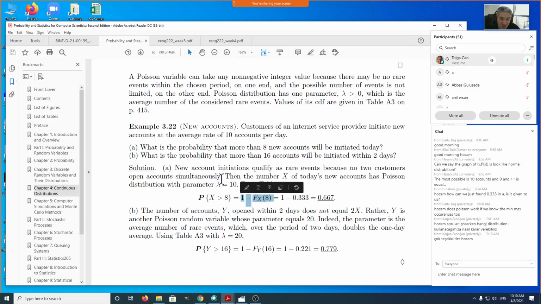If you ask a question like this in the exam, we're not going to give you the table, for example, and leaving the solution as such will be sufficient, because this one is just a table lookup. After you get your solution until this point, 1 minus F(8), it means that you have solved the problem. This is just a table lookup or some function call in Octave Online or MATLAB. This will be your solution that you're going to write in the exam.